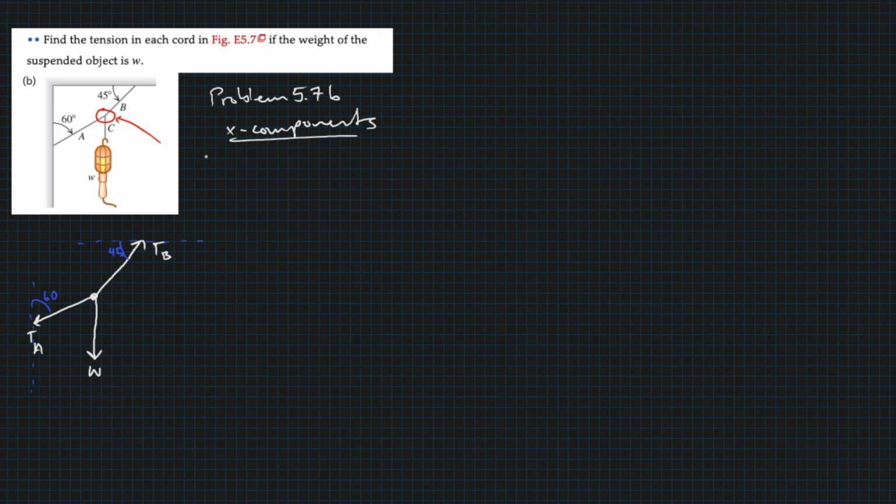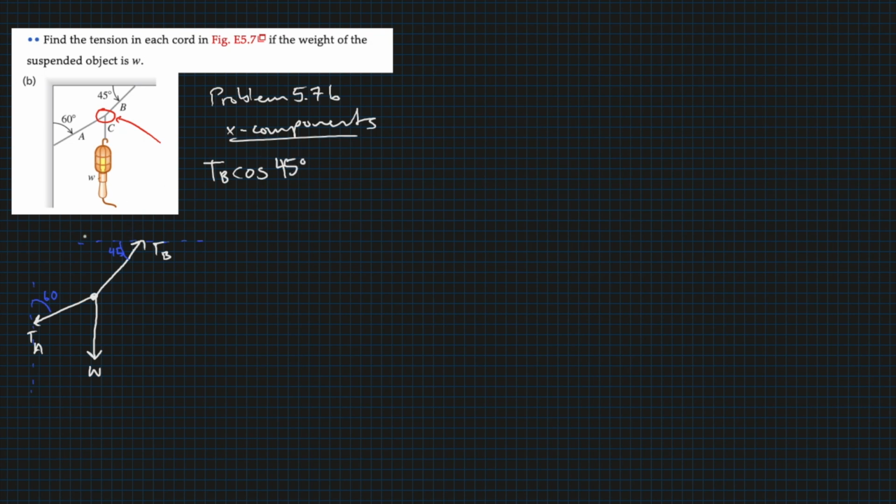I'll write this down. So let's look at tension B first. I think exactly the same as the previous problem. So I can see that to get the horizontal piece of tension B, I just need to multiply the magnitude of the vector by cosine of 45 degrees.